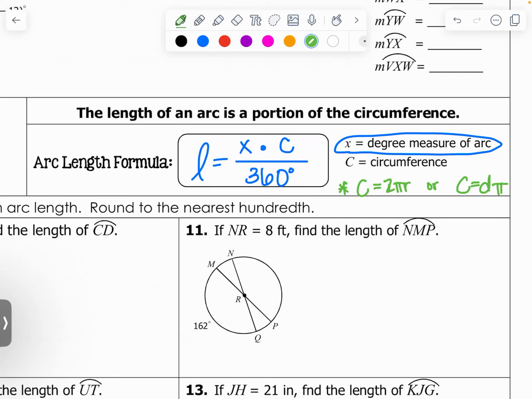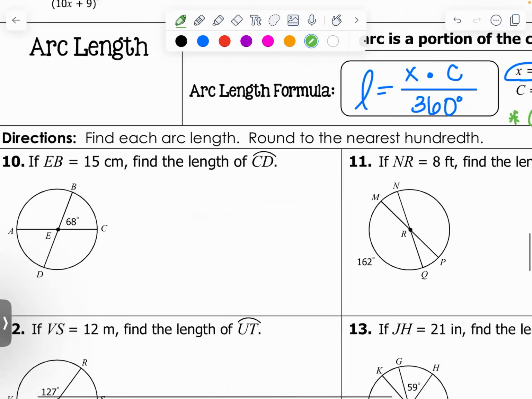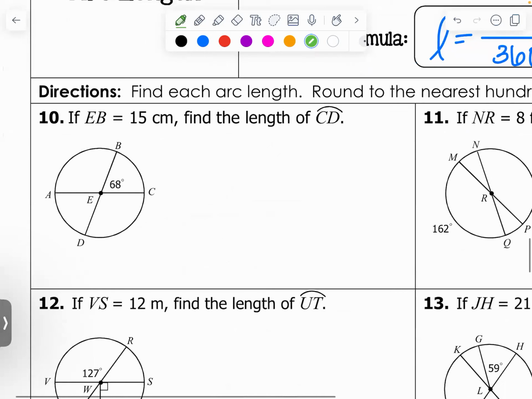So if I want to find the arc length in number 10, I want to know the arc length of CD. Okay, what is the degree measure of that arc? 112.